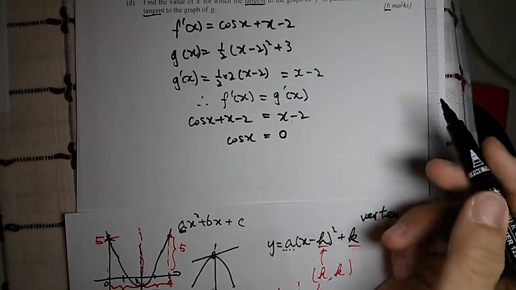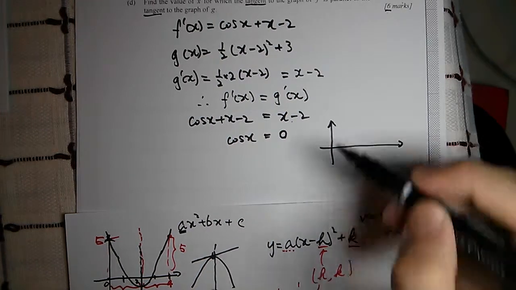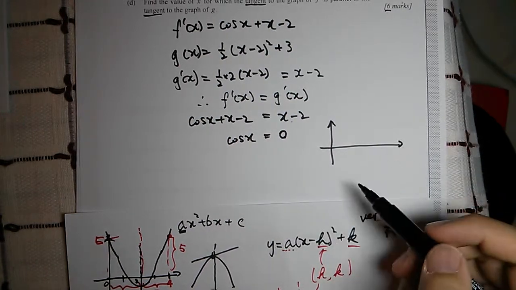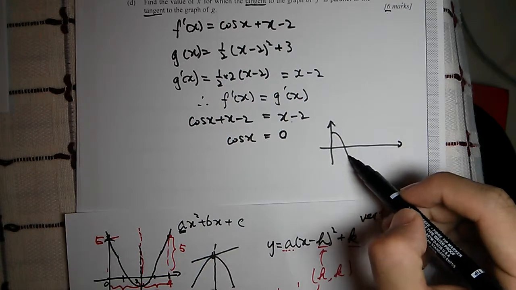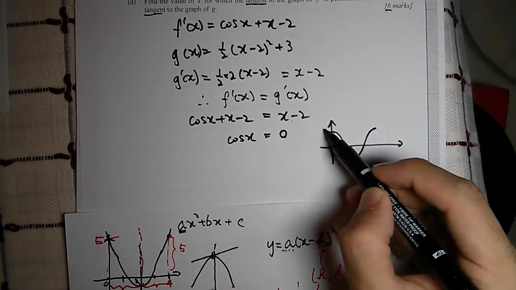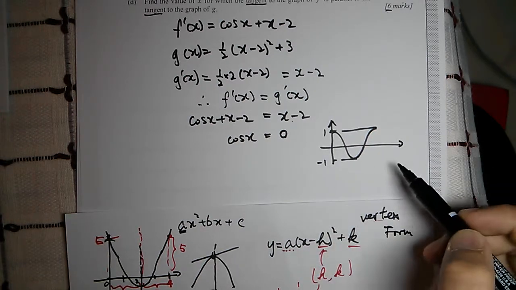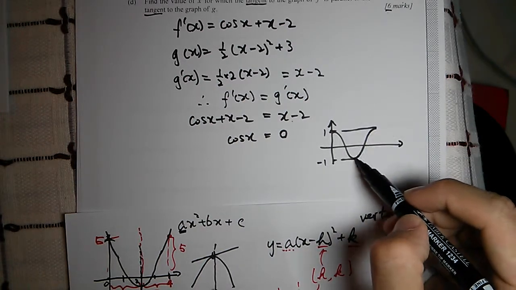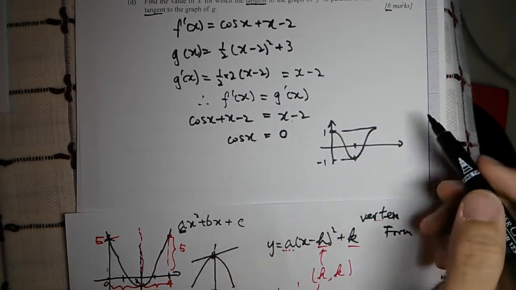My go-to way would be considering the cosine graph. If you remember, the cosine graph starts at 1, starts dropping, and goes down. This is 1, this is also 1, this would be negative 1. And where do you hit the lowest point? When x equals 180 degrees.